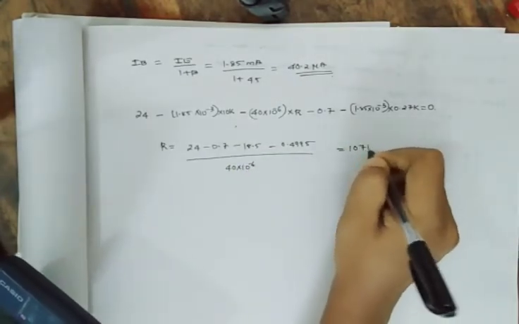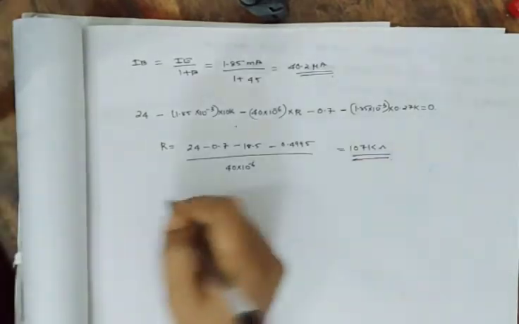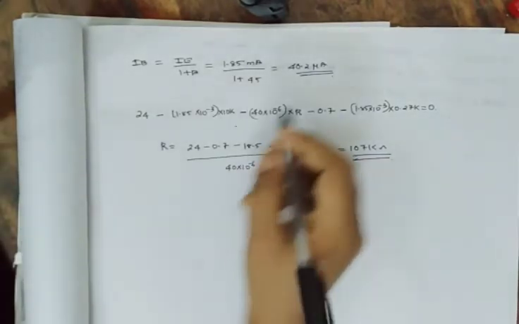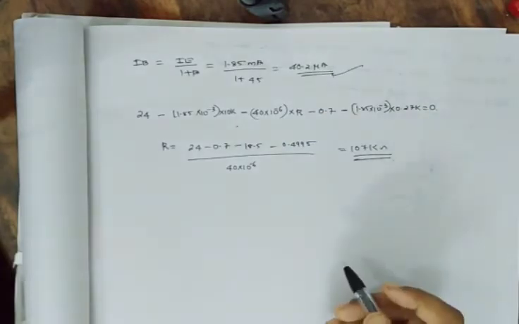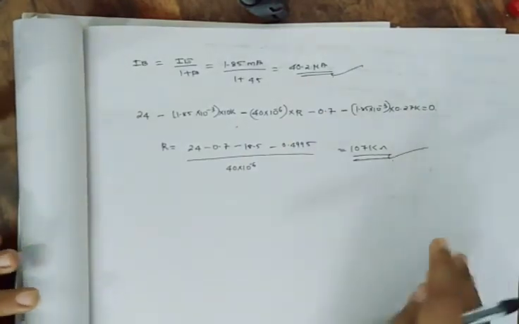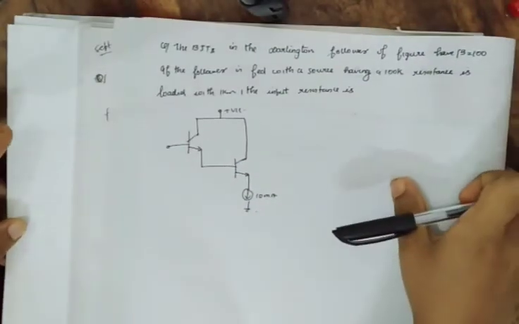We will get 107 kilo ohm. So that is the answer. IB is equal to 40.2 microampere and R is equal to 107 kilo ohm. So that was the question, and we got the answer. Now let's move on to the next question.